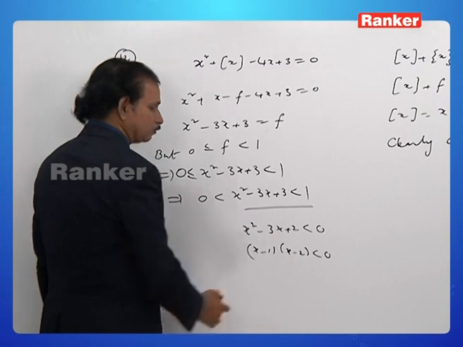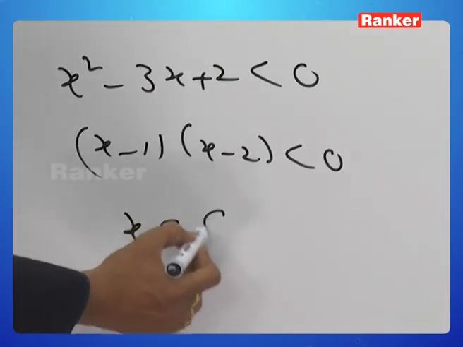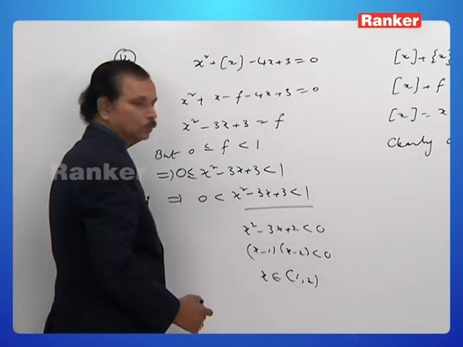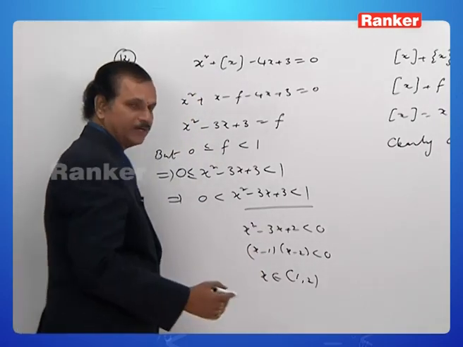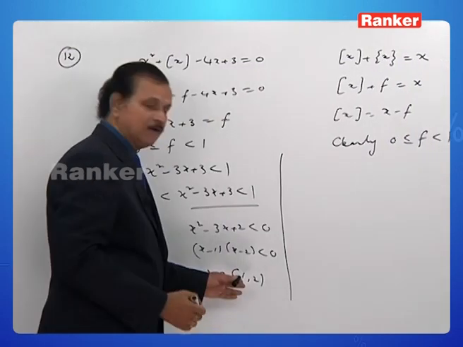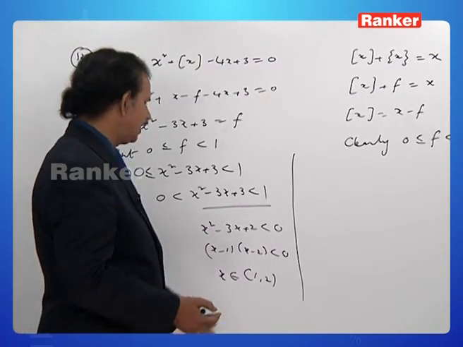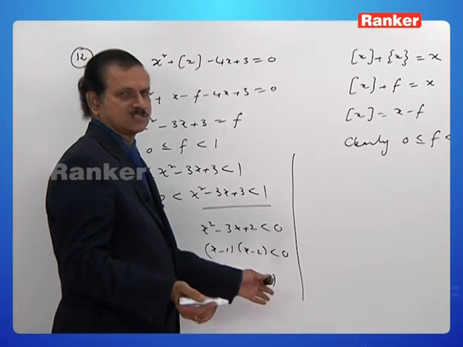What happens? x belongs to the open interval 1 to 2. So x lies between 1 and 2. Therefore, the value of x is 1 point something, greater than 1 and less than 2. Let it be some 1.556, something like that.